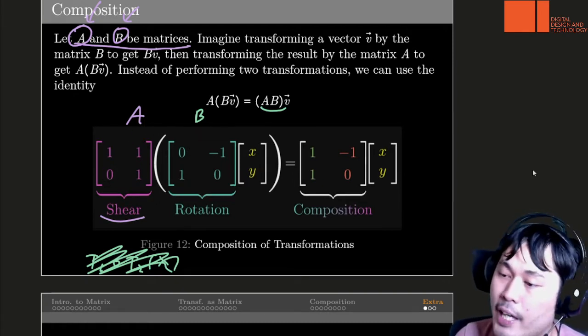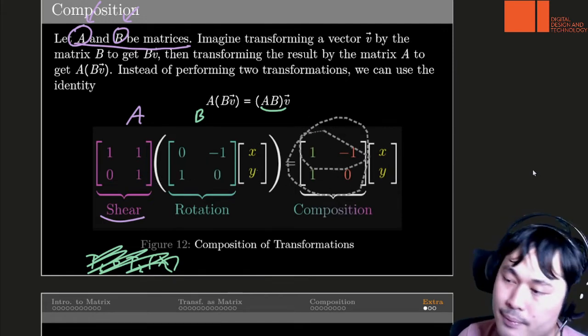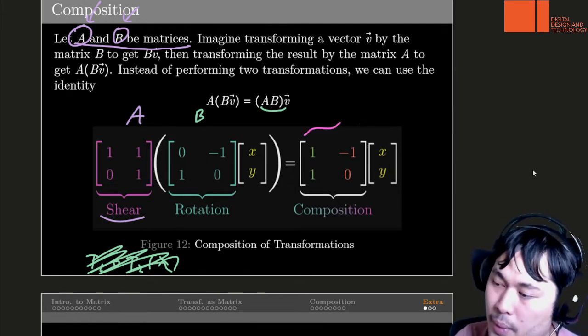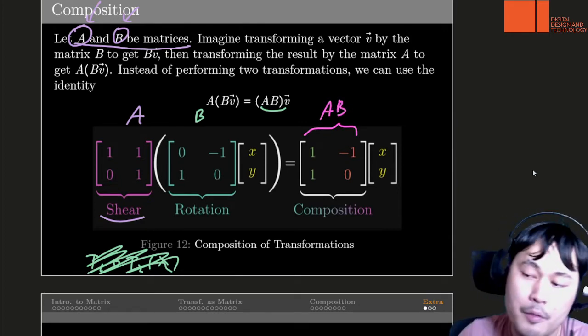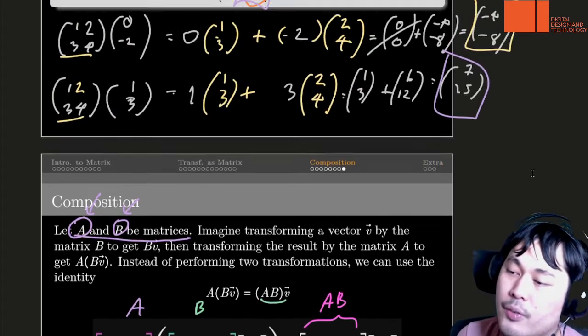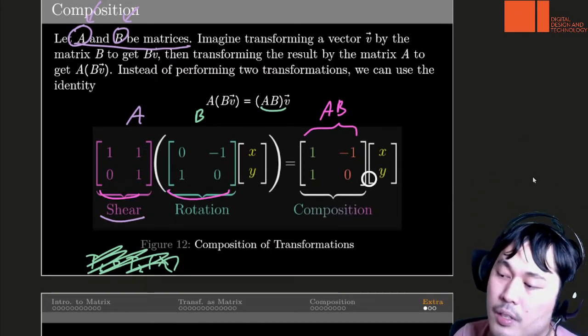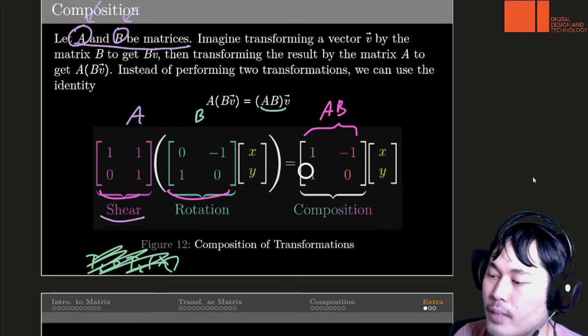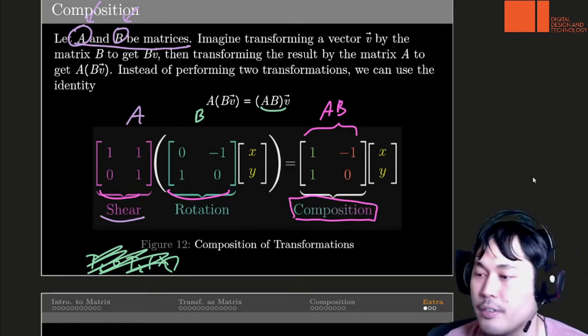So on the left, we have two different transformations. On the right, this new matrix is A times B. If you perform the multiplication as we just described above, then this A times this B gives you this new matrix. And this new matrix is the composition of these two transformations.